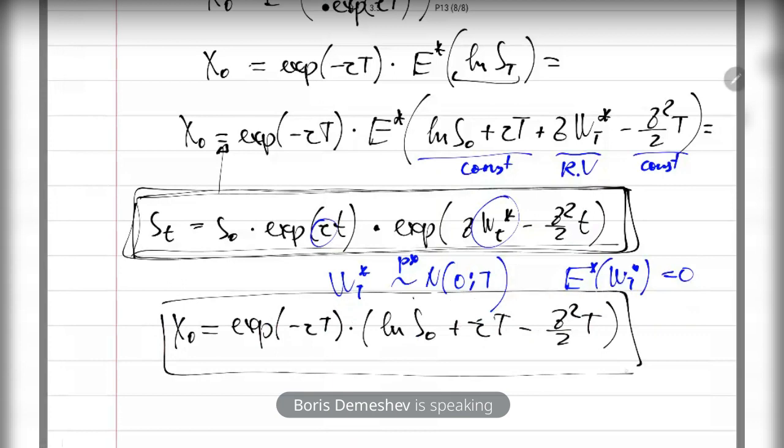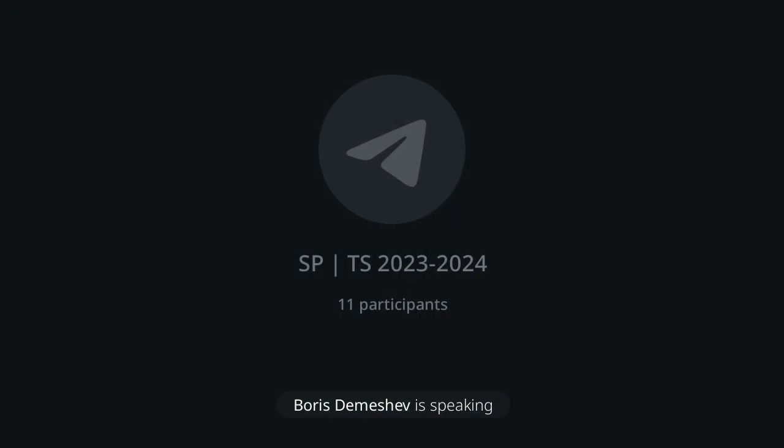And we have the price of another financial claim. Hence, that's a more or less general way to price financial claims: invent something to simplify calculations, and calculate.